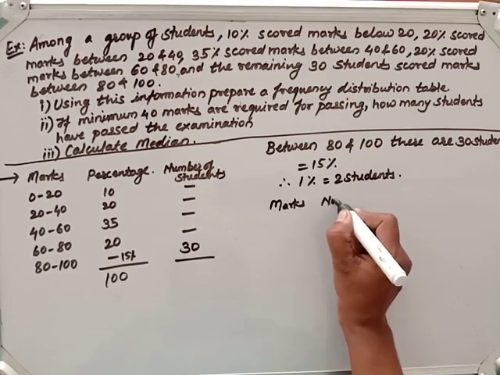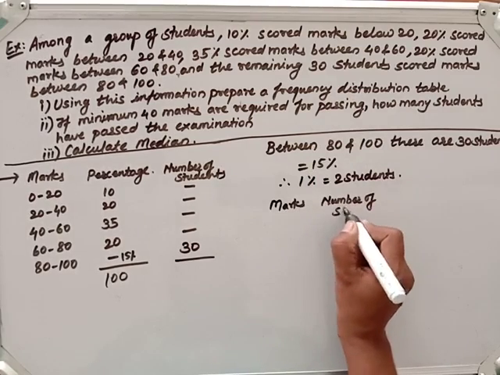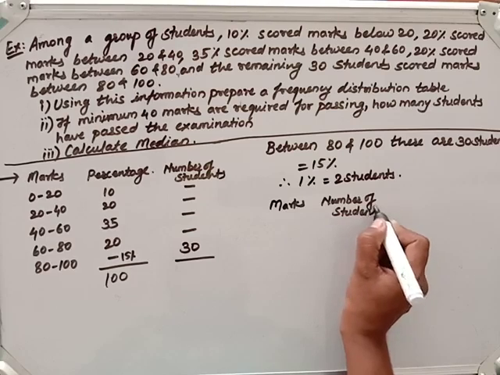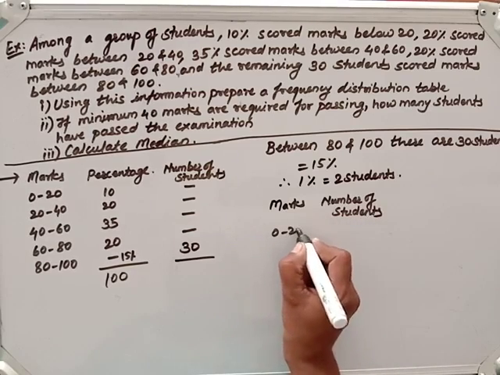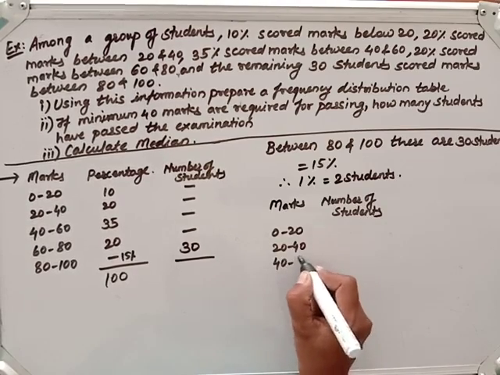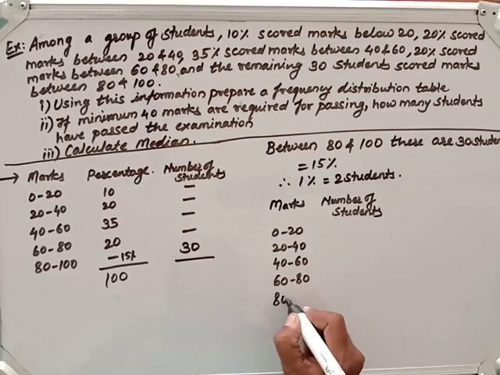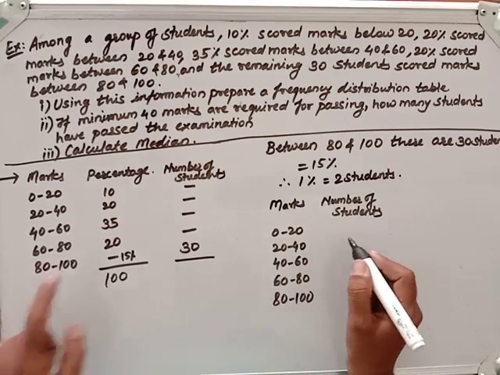Marks and number of students. So marks are same, that are 0 to 20, 20 to 40, 40 to 60, 60 to 80 and 80 to 100. Now number of students are here.